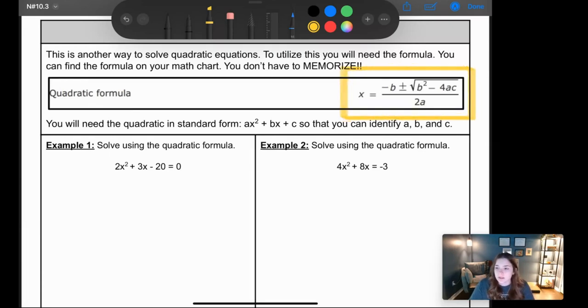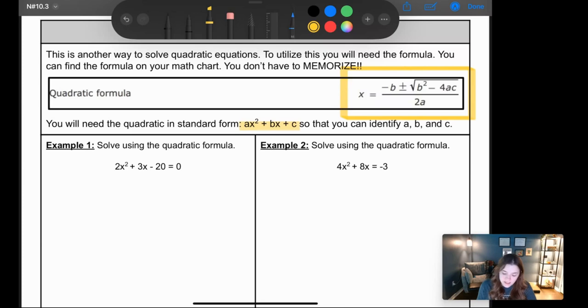This is what you're using, and it's important to note the letters that we have here. So it says minus b plus or minus the square root of b squared minus 4 times a times c, and all of that is divided by 2 times a. So when we look at a quadratic in its standard form, it's laid out like ax squared plus bx plus c.